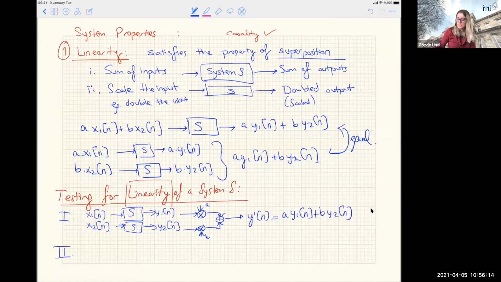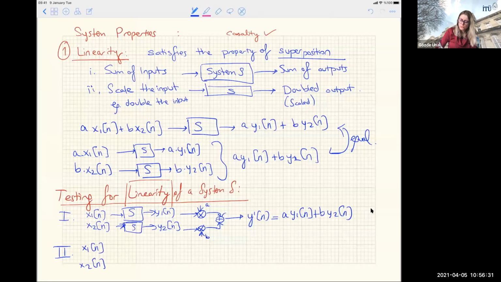And then actually, is this equal to, I mean, I can execute the system in this way, with two separate outputs separately passing through the system, or sum these inputs up.